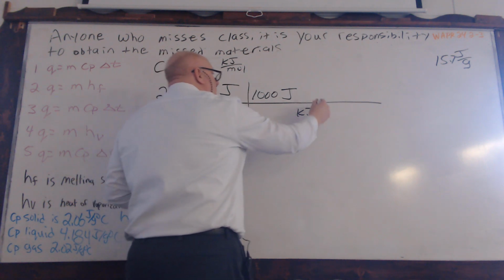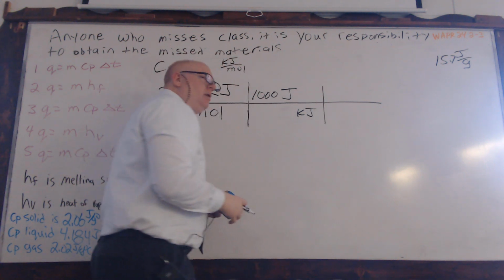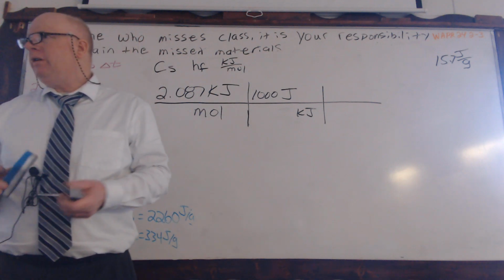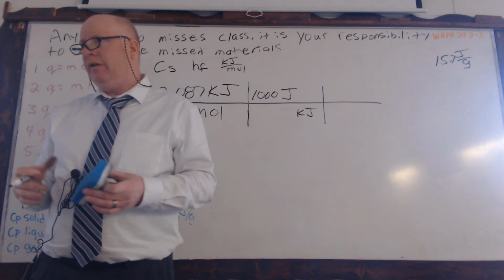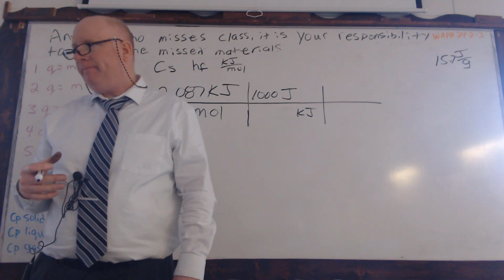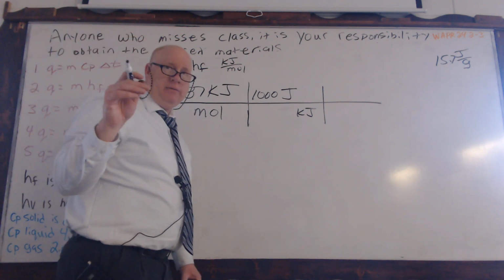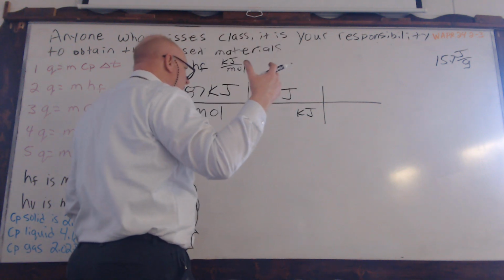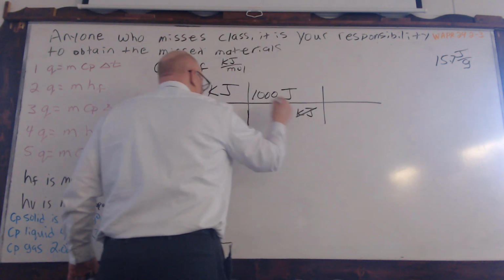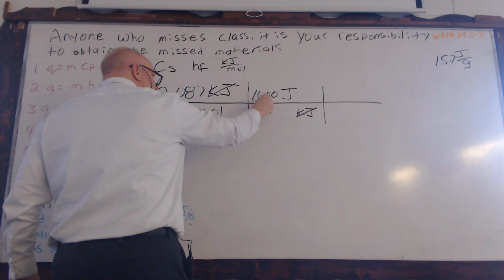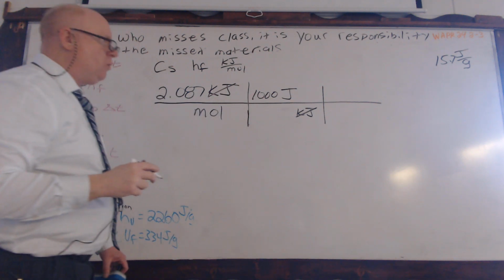Okay? And again, that's how we grow and that's how we learn. Okay? All right? So, we're just all trying to move in the same direction. So these cancel, right? Now we've got joules per mole, so we're one step closer.